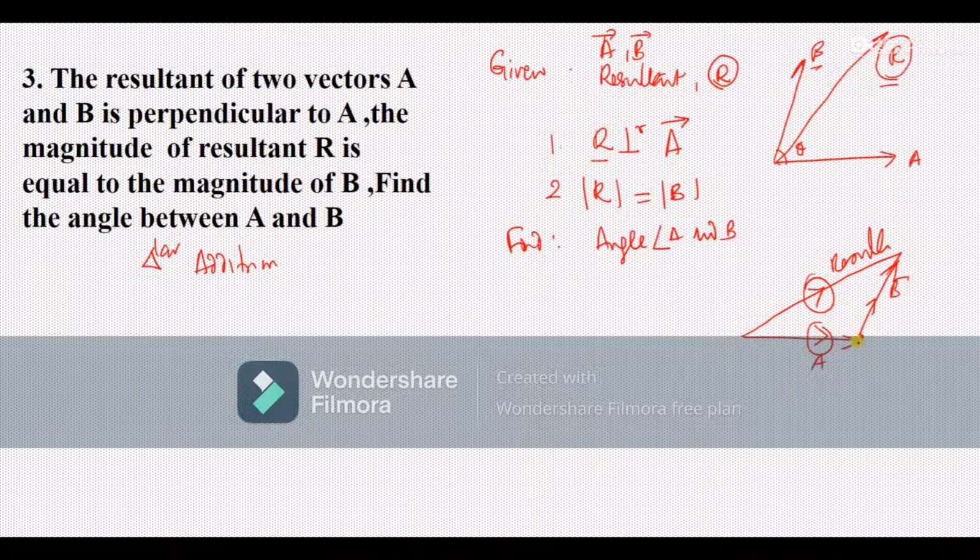But as per the problem, R is perpendicular to A. In this kind of representation we can't show R as perpendicular to A, so we have to use the triangular law of vector addition.